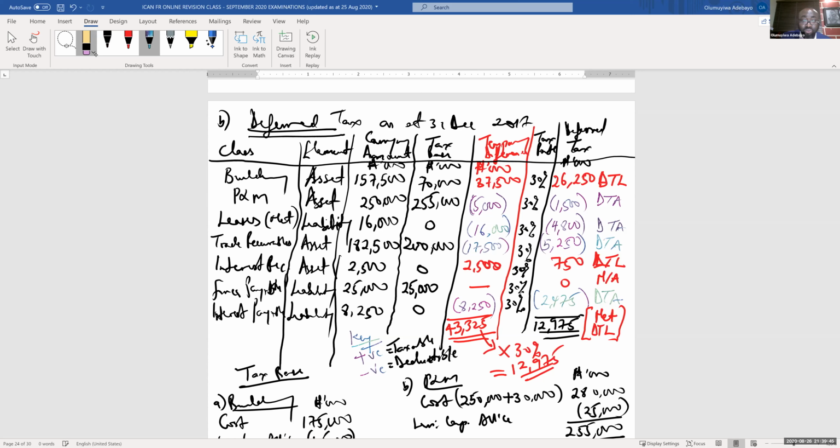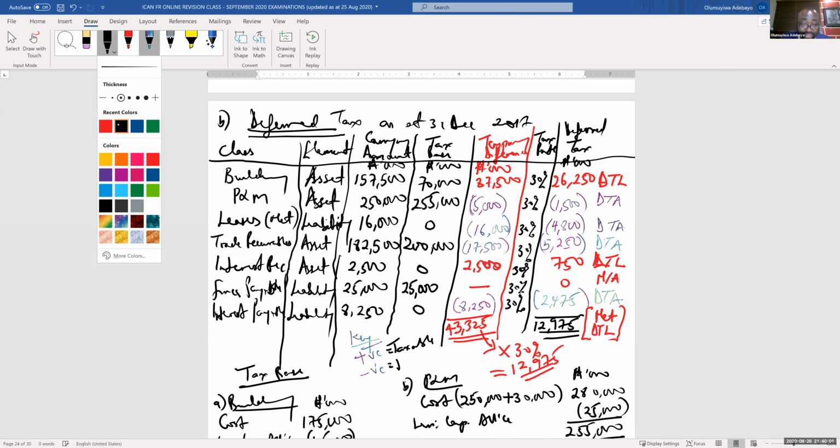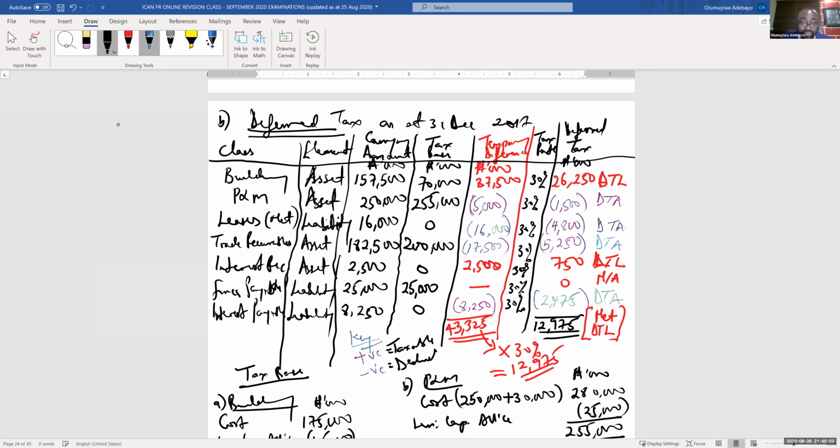Okay, sir. What we are interested in is, there are two forms of temporary difference, which is what I'm doing here: deductible and taxable.